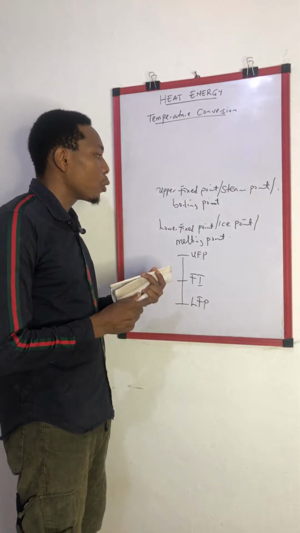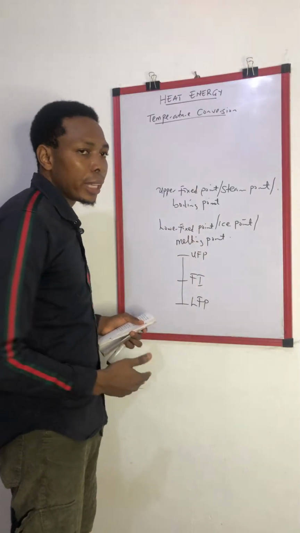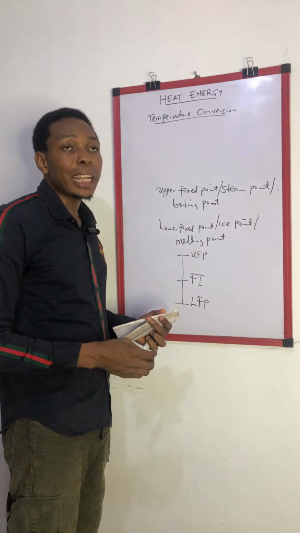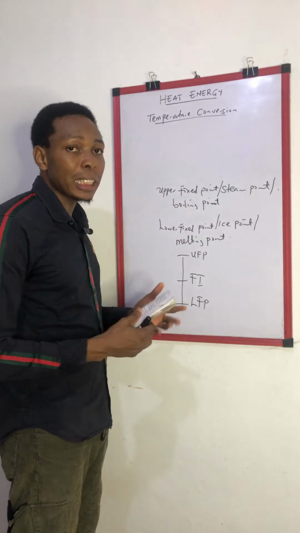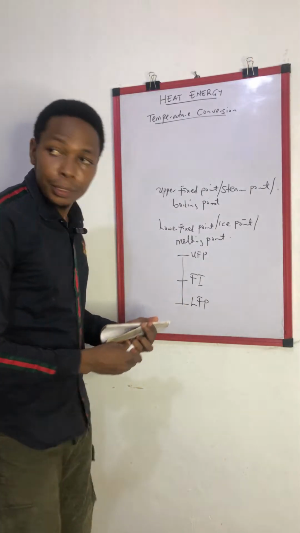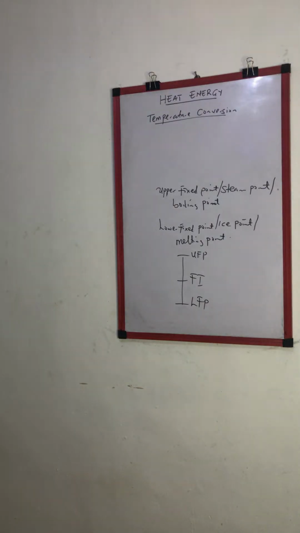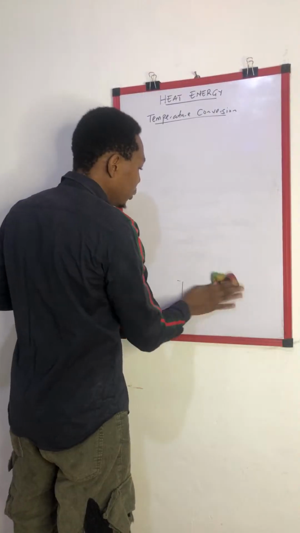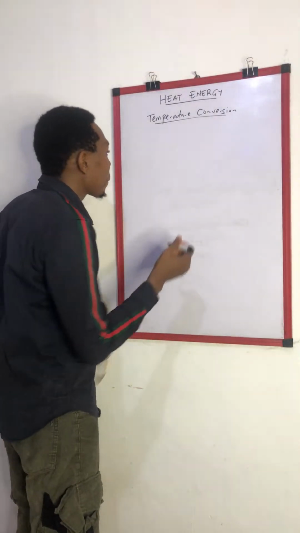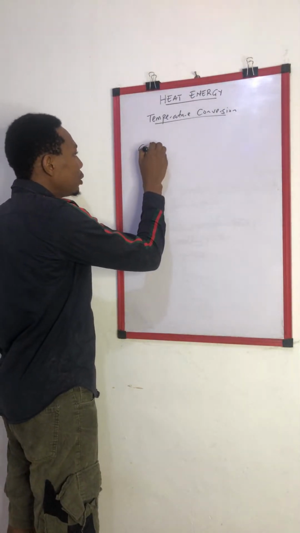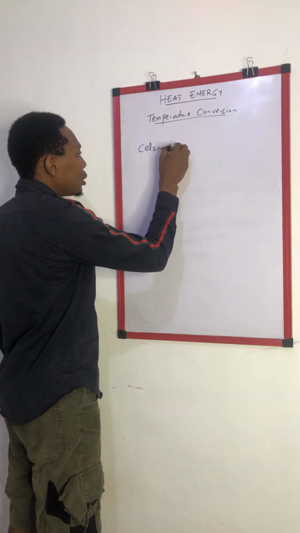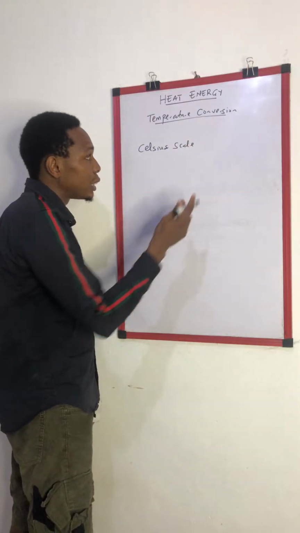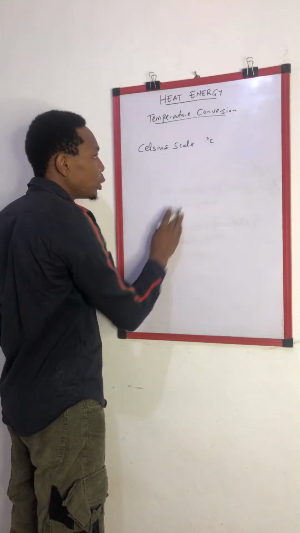Now, but before we go into all of this, first of all, like I said, we have different types of thermometer scale. We have about 5 types of temperature scale. We have the Celsius scale, which is also known as degree centigrade, so it's measured in degree Celsius.